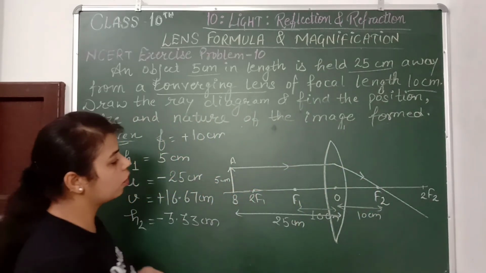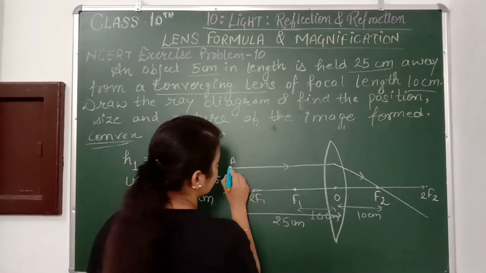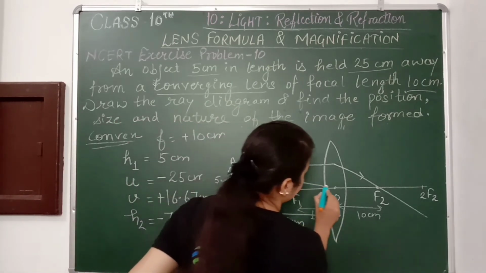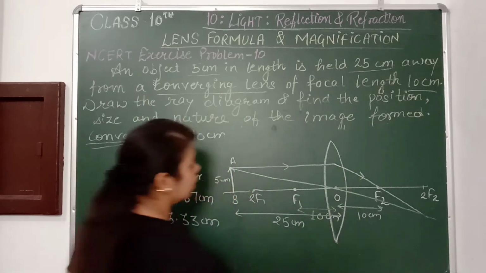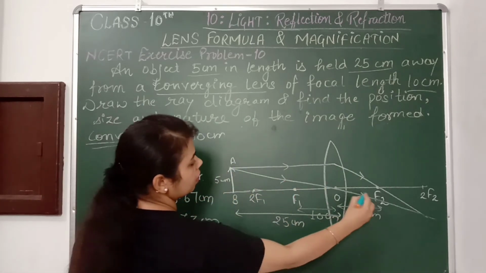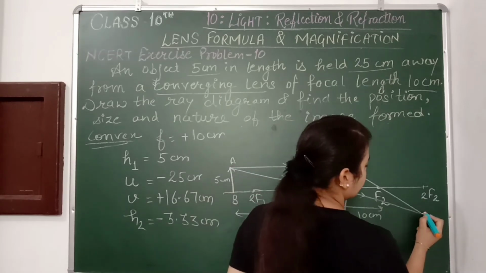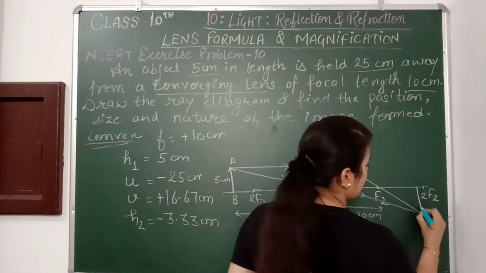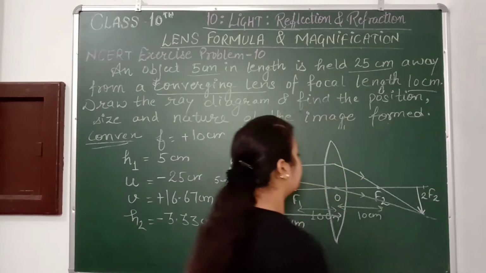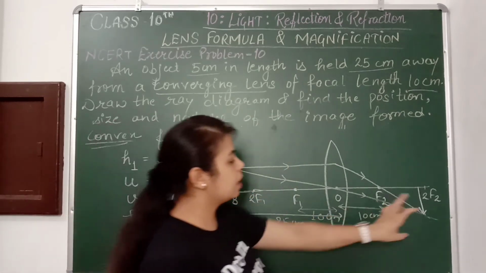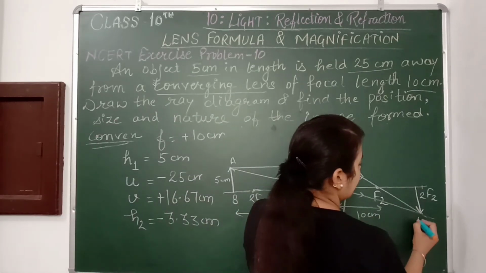Second ray we will draw passing through the optical center, which will go undeviated. And these two rays are meeting at this point. So this point will be the image of point A and the image of AB would be A dash B dash.